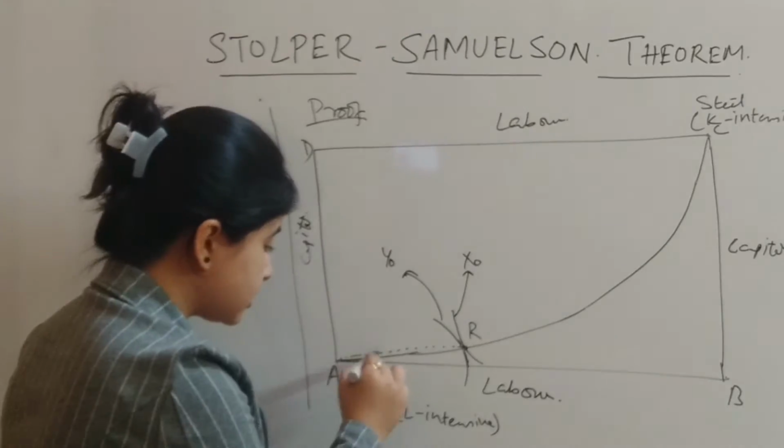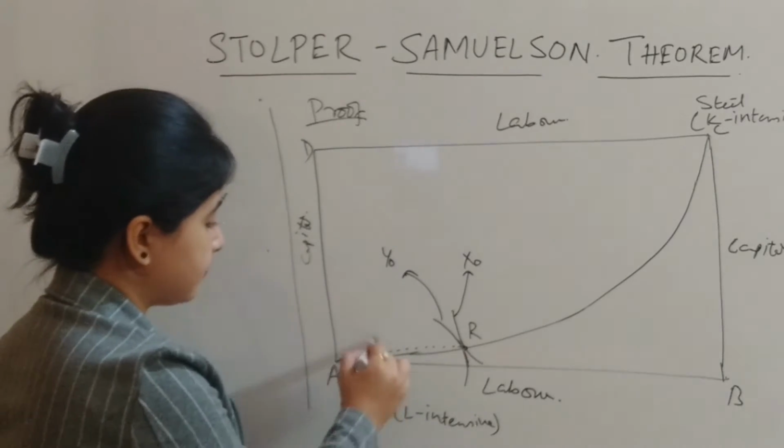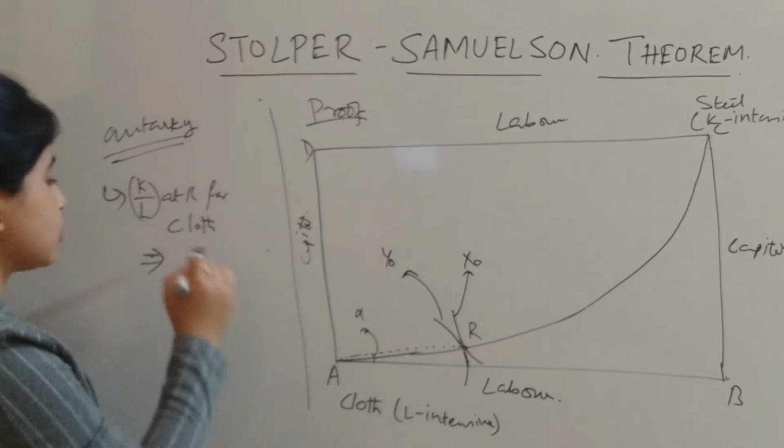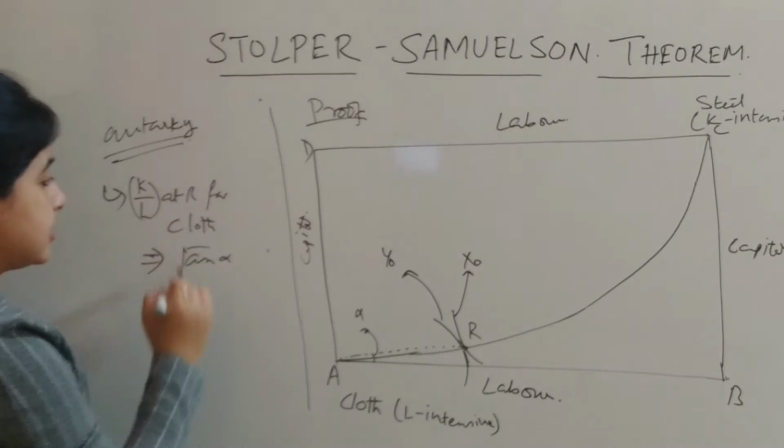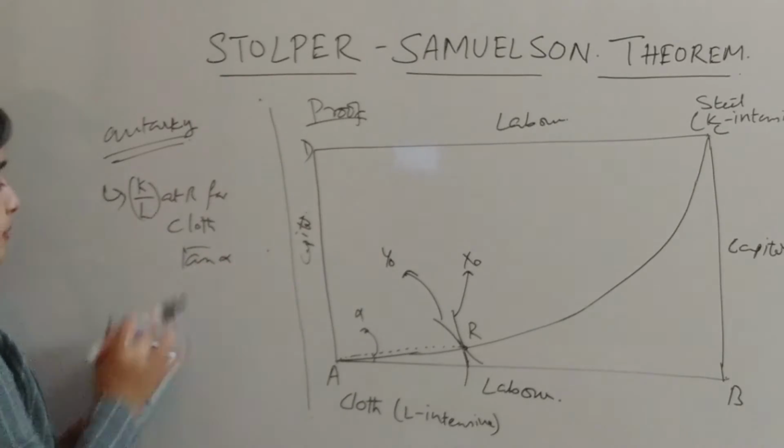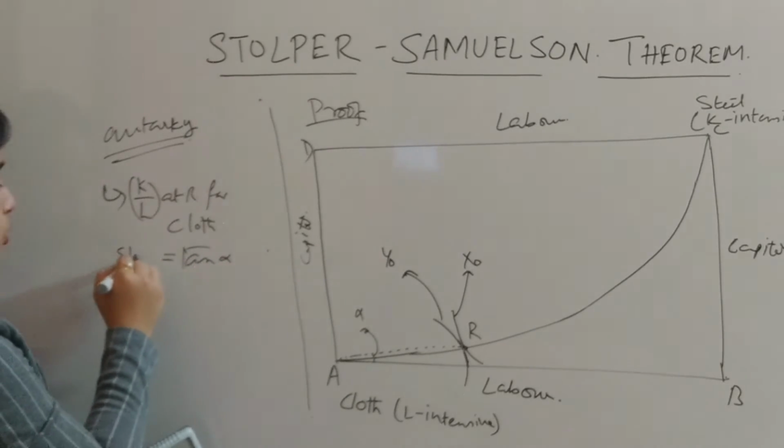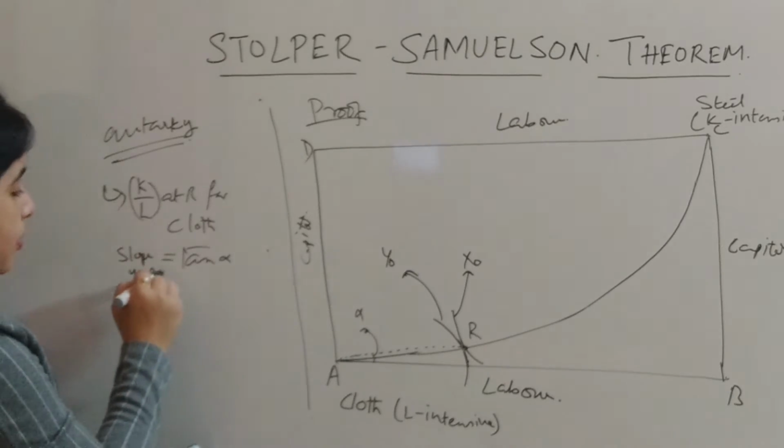Let us denote this angle as alpha. So I am writing here tan alpha, and it is coming from the slope of AR.